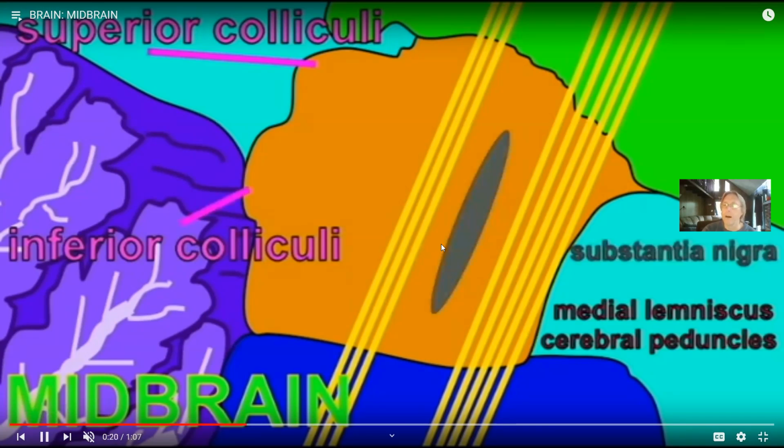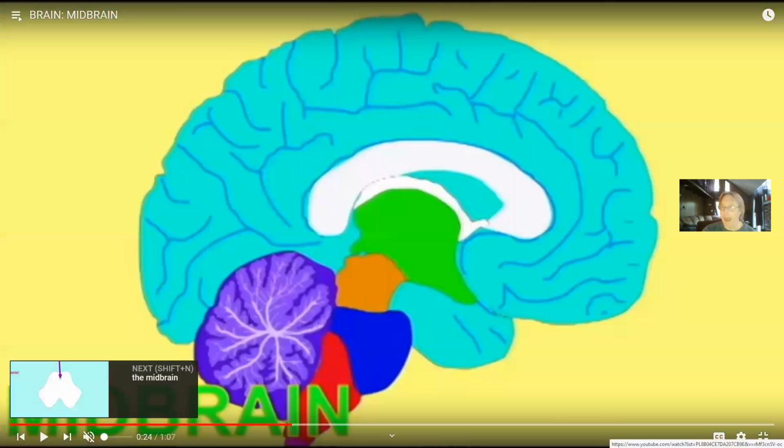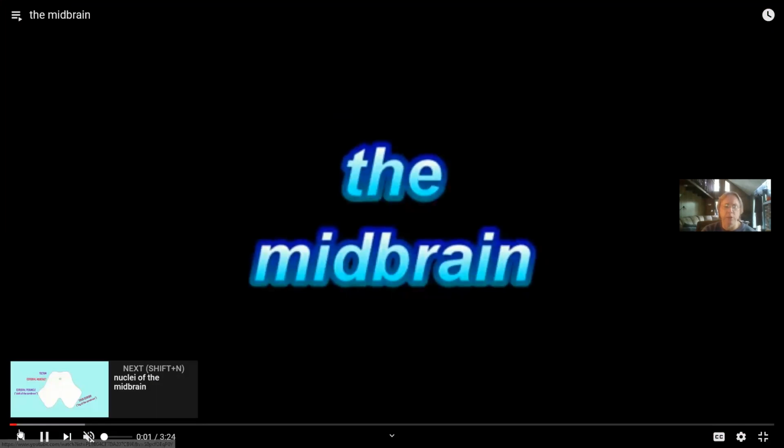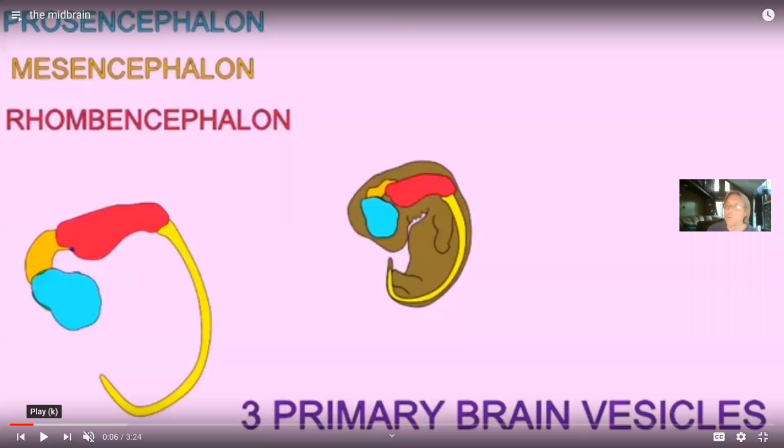Now, one of the areas is called the substantia nigra, because dopamine is made there, and melanin, which obviously has a dark pigment, is one of the precursors to dopamine. So these areas have a darker structure. And then there's also an area known as the red nucleus because of the iron which is there.